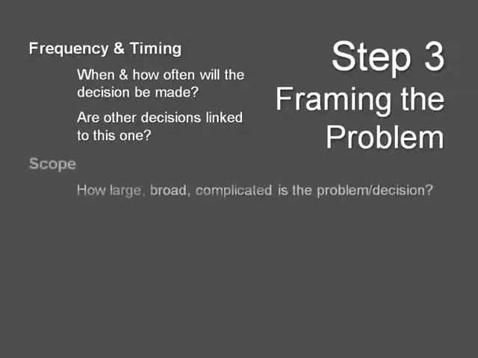Another aspect we can ask about, another part of framing the problem, is the scope of the decision. How large, broad, complicated is the decision that we're talking about? Are we talking about something that's really just focusing on wetland birds, but only in one particular impounded wetland? Or are we talking about all the wetland birds at a refuge?